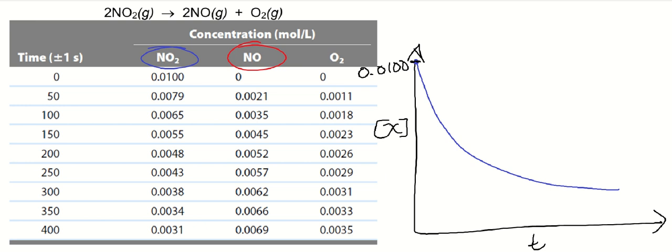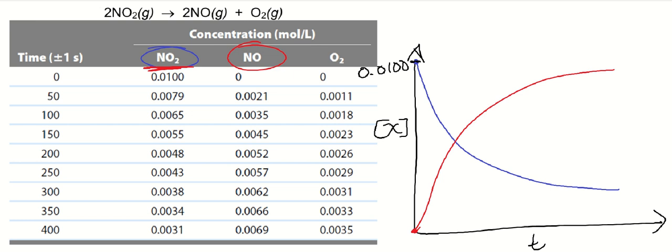Okay, so now if we draw the other ones, I'll do NO here in red. So that is going to have zero concentration at time zero, which is the initial. And that's going to be formed at the same rate as the disappearance of nitrogen dioxide.